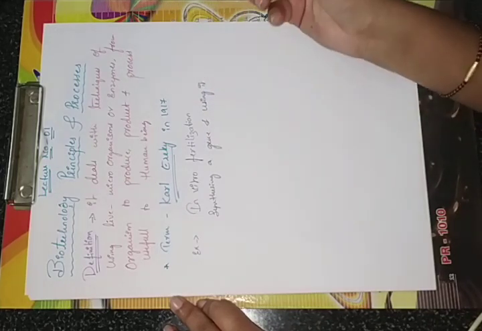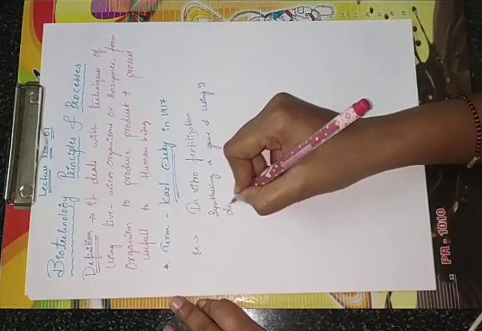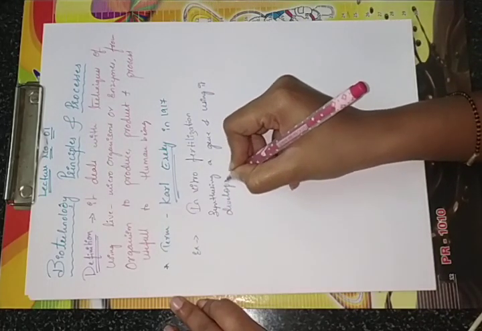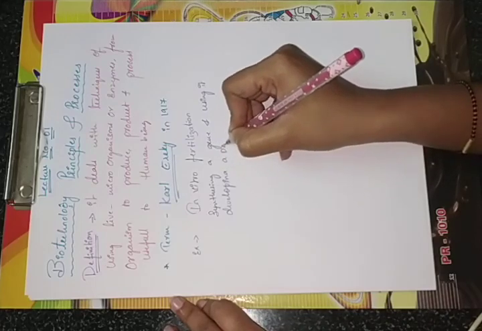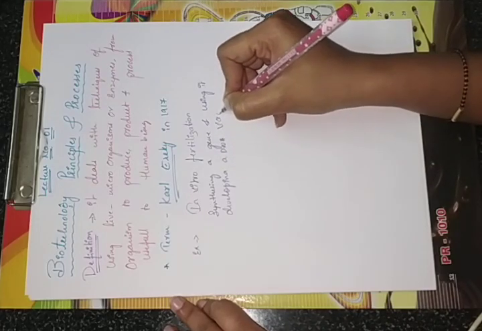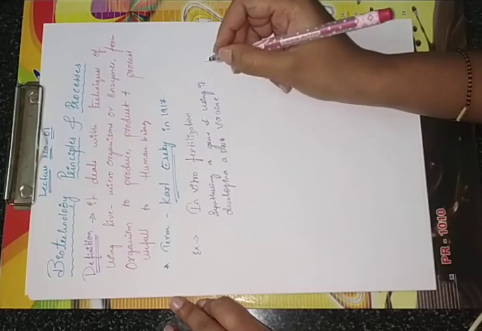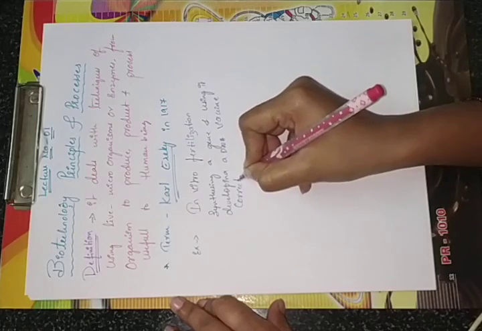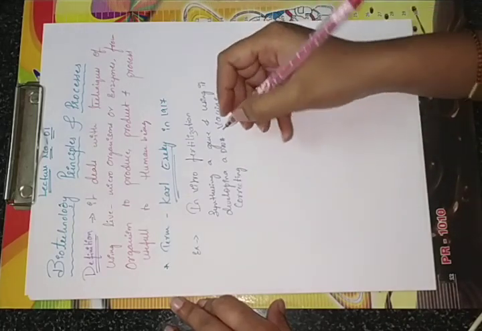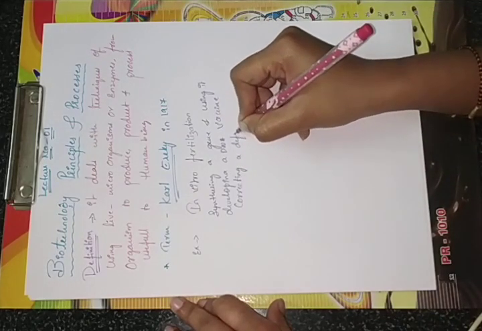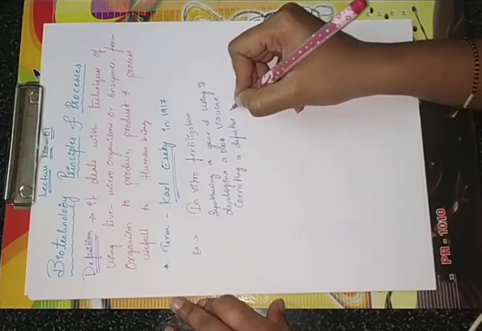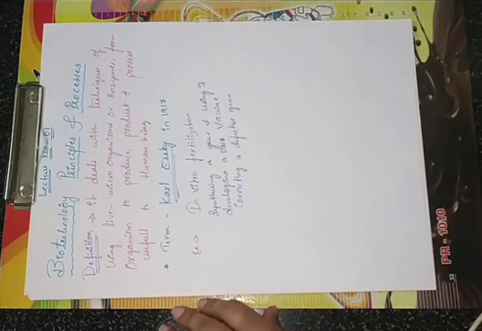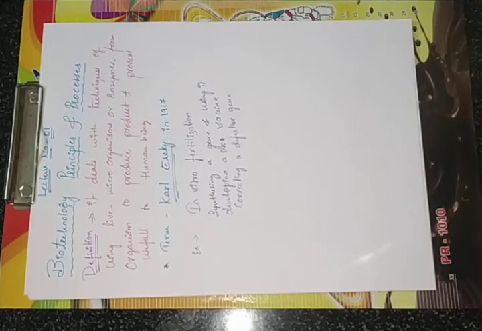Many different genes are going to be used, and developing a DNA vaccine and correcting a defective gene. If any gene is defective, then that defective gene is going to be corrected by using what, children? Biotechnology. This is one of the very major and very useful technologies, I can say.